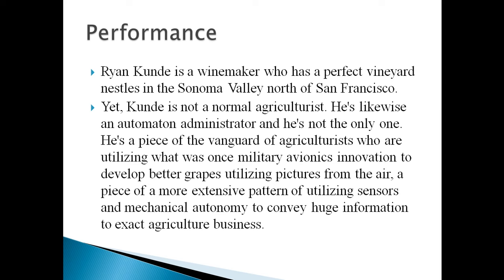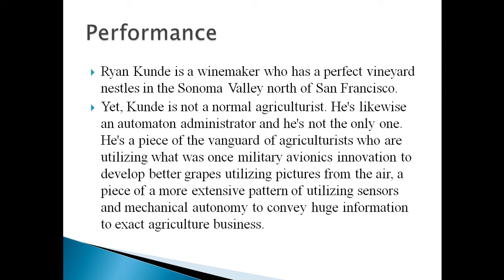And some of the performances here. Rain Kunde is a winemaker who has a perfect vineyard nestled in the Sonoma Valley north of San Francisco. Kunde is not a normal agriculturist. He is likewise an automotive administrator, and he is not the only one.